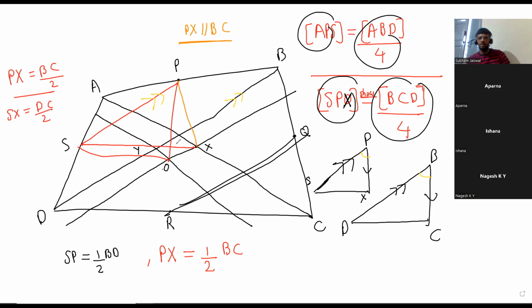Fine. But then it is impossible for PO and SO to also be equal, right? Because with one base you are making one isosceles triangle, but with the same height, can you make another isosceles triangle? That is absurd. That is not possible.